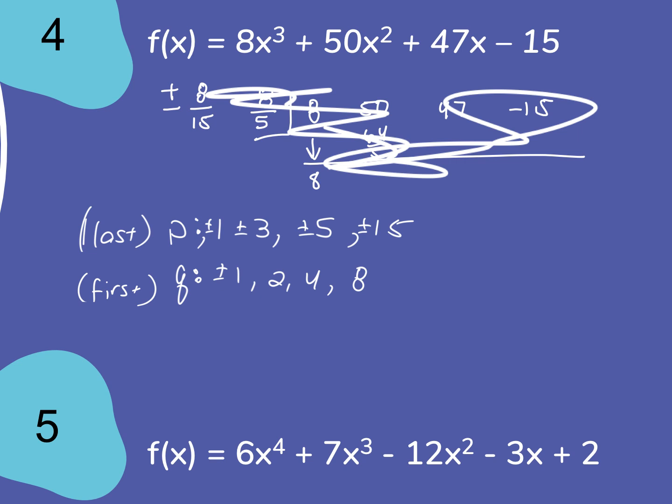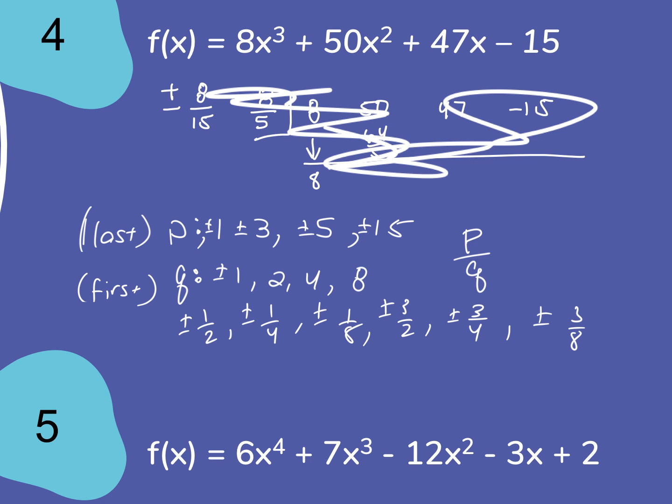Because this P over Q actually accounts for all of your whole numbers, and then you have to take your P term and put it over all the Q's, each one. So I also have to say it could be plus minus 1/2, plus minus what? 1/4, plus minus 1/8, then what? Plus minus 3 over 2, plus minus 3 over 4, plus minus 3 over 8.